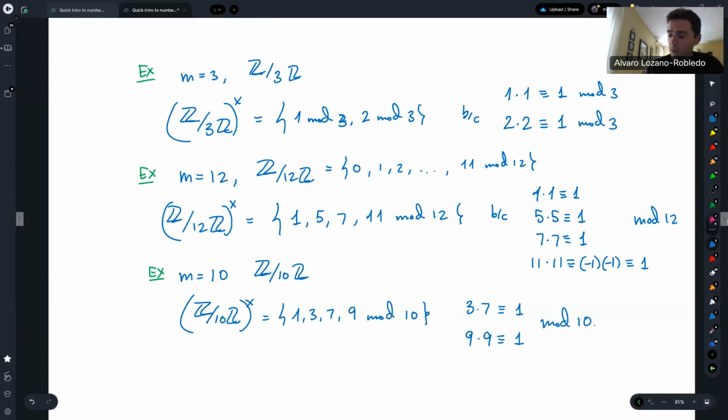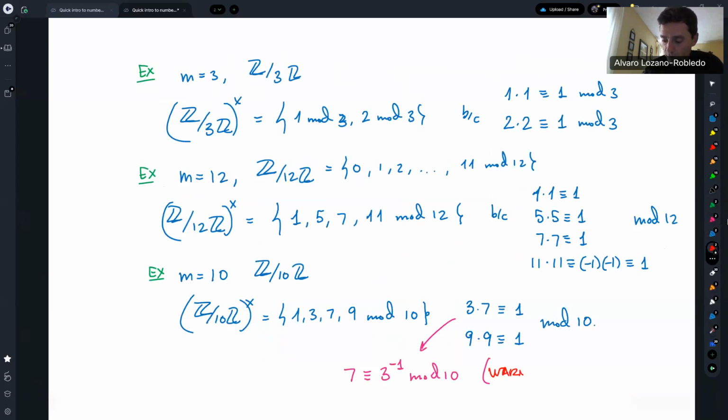So here, by the way, we will sometimes write that 7 is 3 to the minus 1. But note, warning, that here 3 to the minus 1 is just some notation. This is not the rational number 1/3.